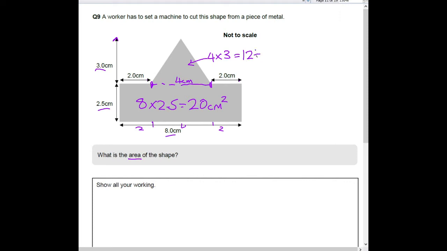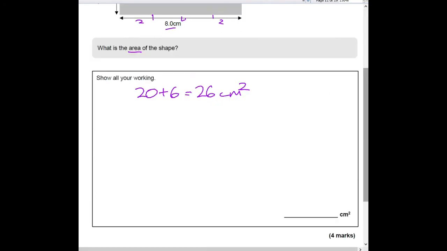Don't forget to divide it by 2 because it's a triangle, which is 6 centimeters squared. So our total area for our shape is the 20 centimeters for the rectangle plus the 6 for the triangle, giving us 26 centimeters squared. So on the answer line, it's given us the units, so just 26 centimeters squared, and that's all worth 4 marks.